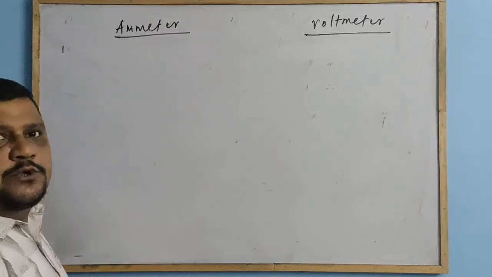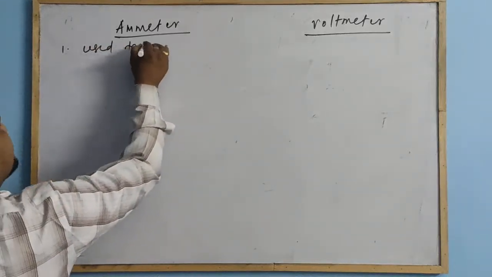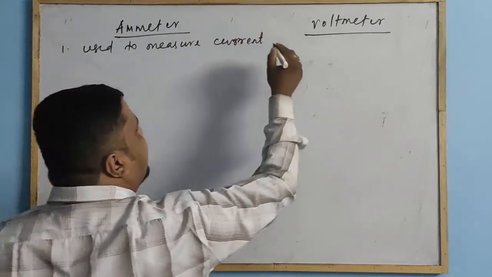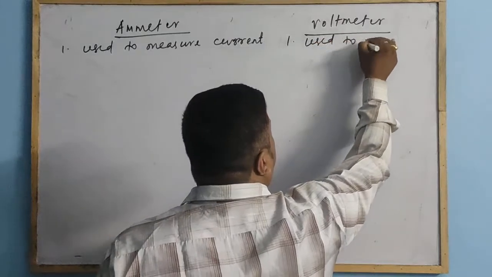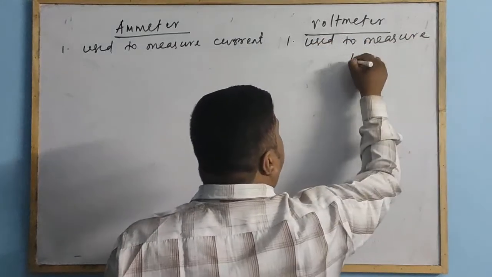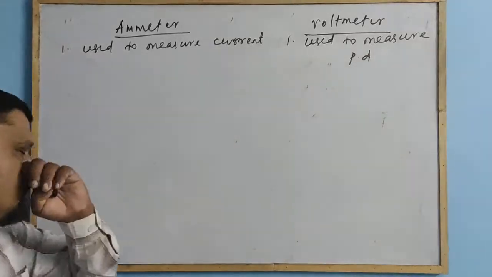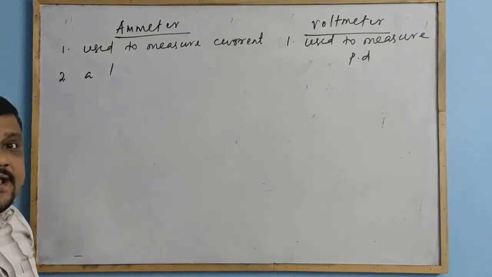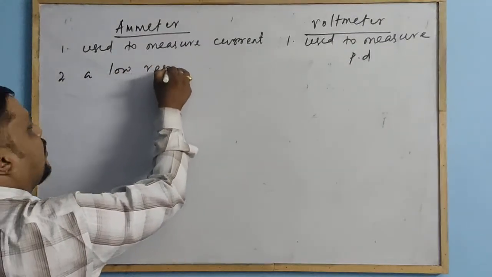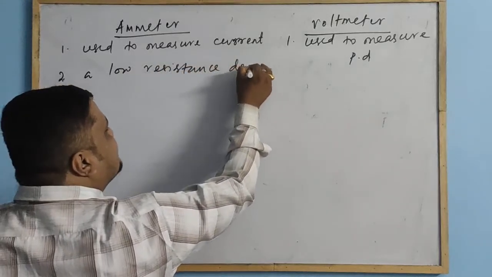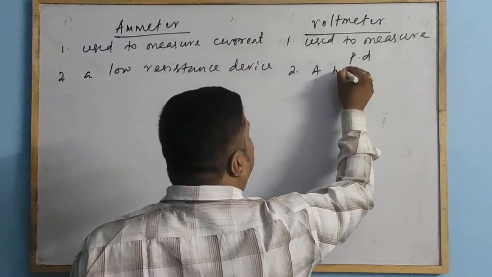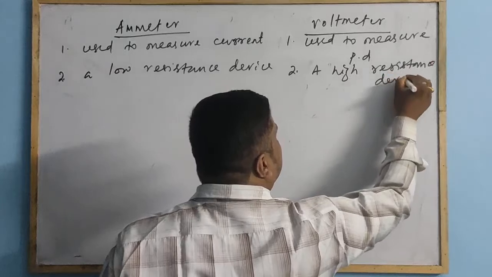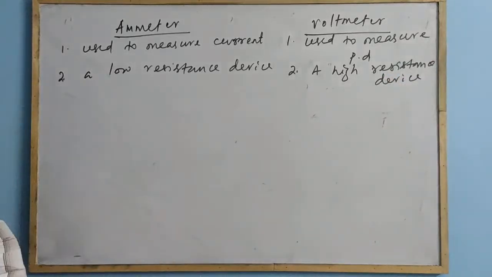Next, ammeter is used to measure electric current. You write a sentence, all these things, okay? Voltmeter is used to measure potential difference in the circuit. Next, ammeter is a low resistance device, and voltmeter is a high resistance device.